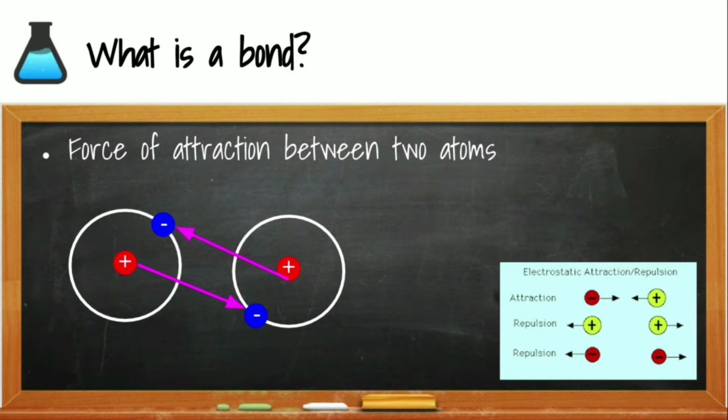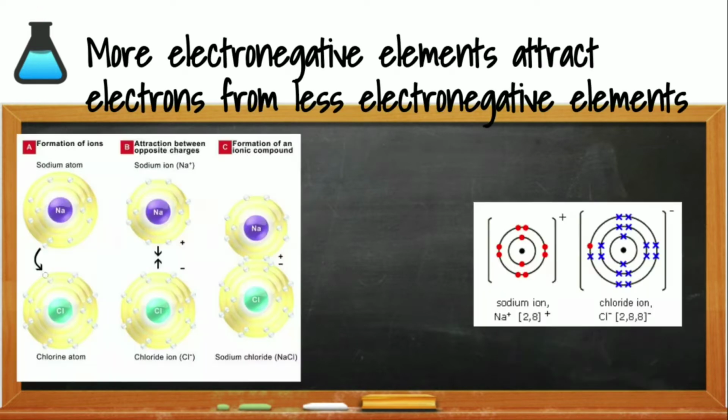We know during this electrostatic attraction, the more electronegative elements will attract electrons from the less electronegative elements. So here you can see when we form a bond between an atom of sodium and an atom of chlorine, the more electronegative chlorine atom will pull the valence electrons of sodium towards it.